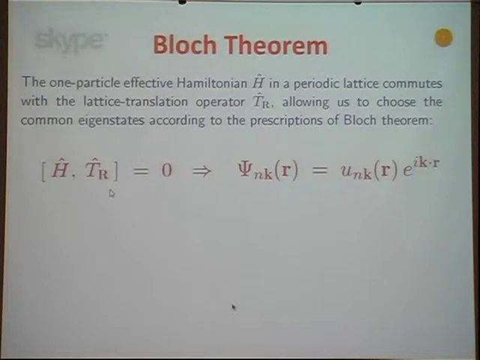So just again, as a reminder, just to be on the same footing for the notation, when we have a periodic Hamiltonian, and being periodic really means that H, the Hamiltonian, commutes with the lattice translation, where the operator T of R is a lattice translation.